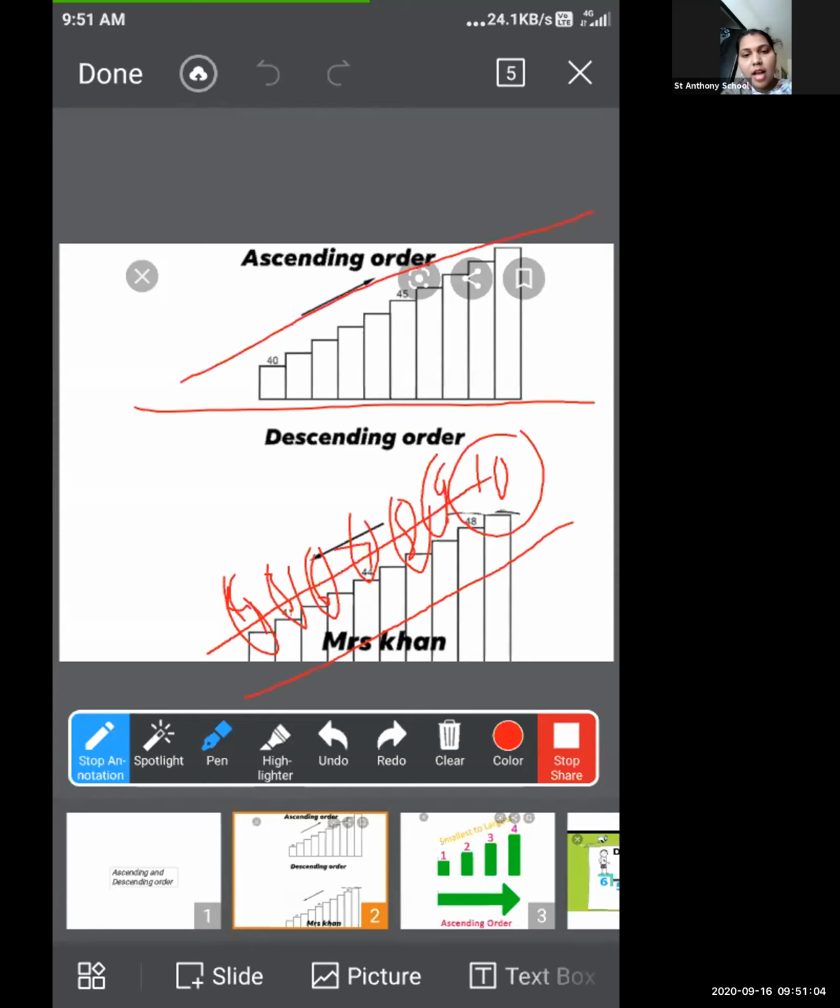When we write ascending order, it's smaller to bigger. And when we write the descending order, it's bigger to smaller. So that means when we write descending order, we always write the bigger number first.